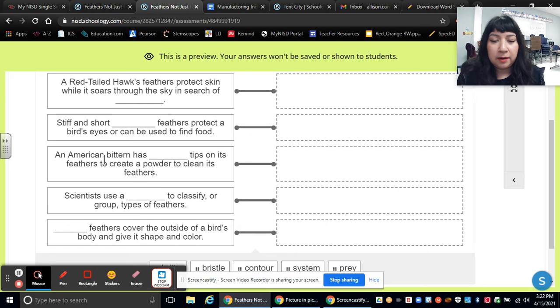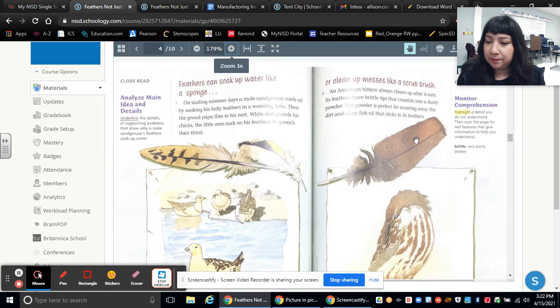An American bittern has brittle tips on its feathers to create a powder to clean its feathers. Well, you know what? That sounds very familiar. Powder. What did it say again? An American bittern always cleans up after it eats.